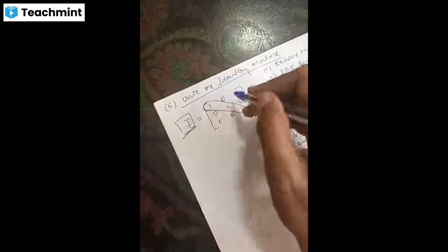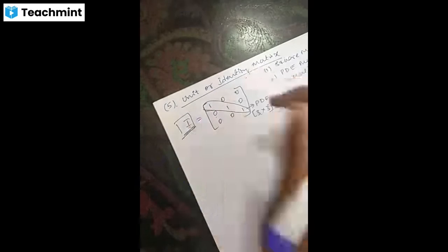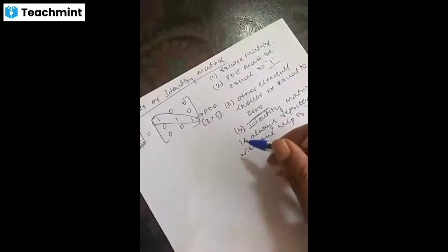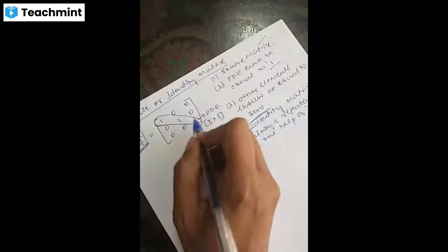You are not supposed to use any other letters to represent the identity matrix. When you are defining the unit matrix or identity matrix, you have to remember the 4 different criteria. The first thing is that it must be a square matrix and the principal diagonal elements.